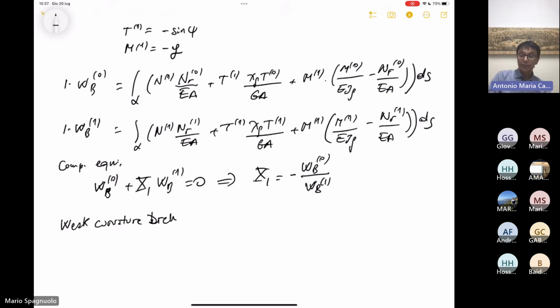In this case, we can assume that N is equal to N, J is equal to J, the standard moment of inertia, and chi is equal to chi.